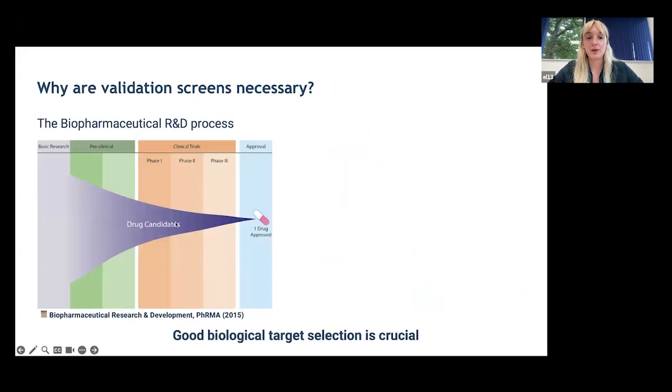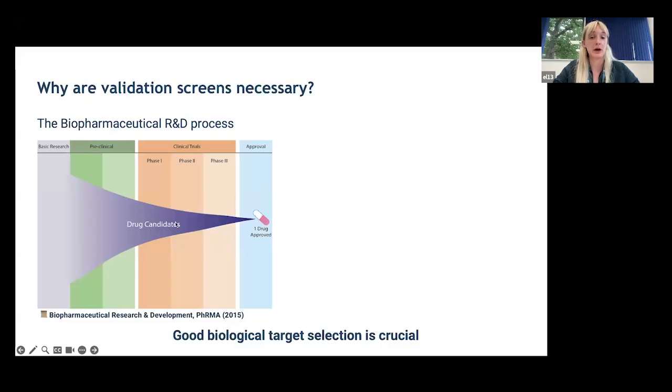So before I move on to how you go about designing an arrayed validation screen, I thought I would just briefly emphasize the importance of a validation screen in the context of a drug discovery pipeline. And this comes from the work I was doing in the Open Targets Validation Lab, where this was the focus of what we were doing. This image here shows a problem that's faced by the pharmaceutical development industry, and that's the high attrition rate of targets once they reach clinical trials.